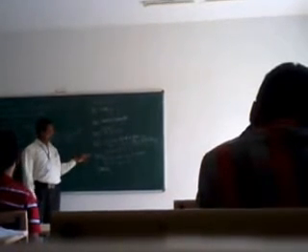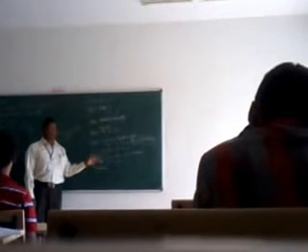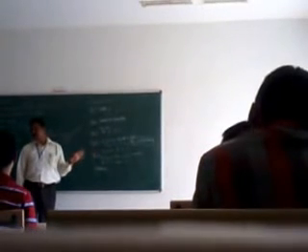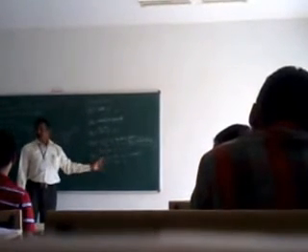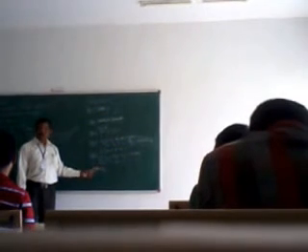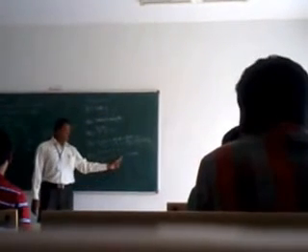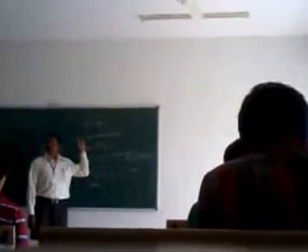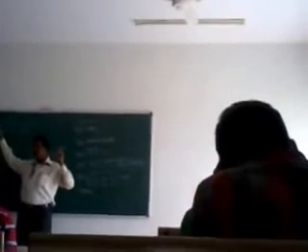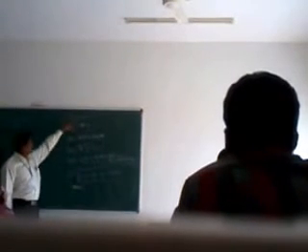Then step 5, always compare Z and the critical value. After comparison, we come to the conclusion. Finally, we write H naught is accepted. You write what the H naught is: the random numbers are uniformly distributed. Otherwise, H1 is accepted: the random numbers are not uniformly distributed. So there are these 5 steps.